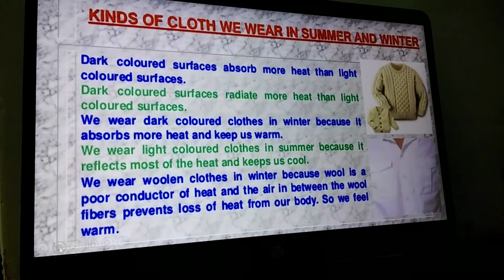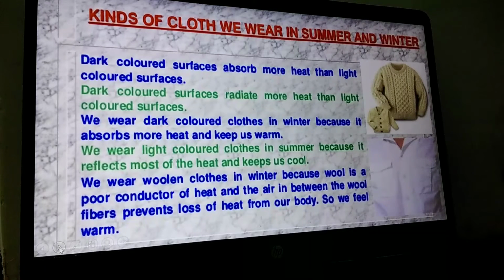Now, the kinds of clothes we wear in summer and winter. Basing on the above activities, since we know that dark colored surfaces absorb more heat than the light colored surfaces, and dark colored surfaces radiate more heat than the light colored surfaces, we wear dark colored clothes in winter because they absorb more heat and keep us warm.